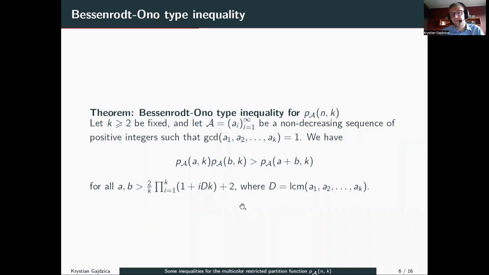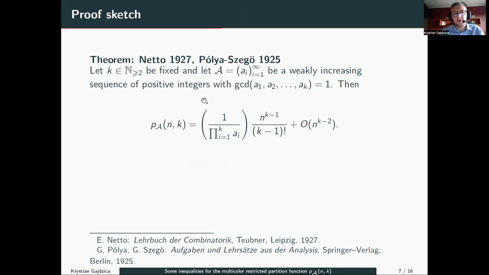My proof is also based on the analytic behavior of the function p of n,k. Namely, I took advantage of the theorem of Netto and Polisgo from the 1920s, which states that the restricted partition function behaves in the following way.